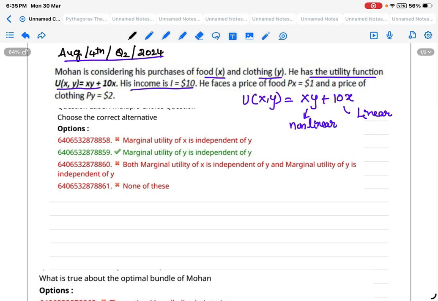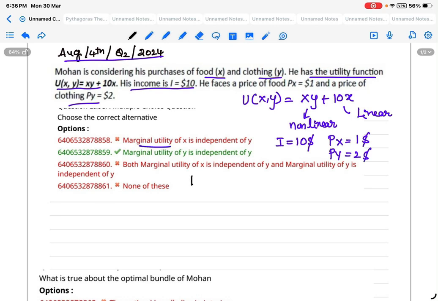Given income I equals $10. He faces a price of food px equal to $1 and the price of clothing py equal to $2. Choose the correct options.